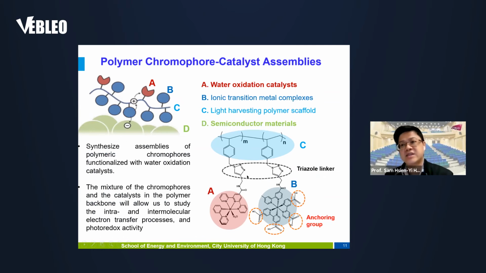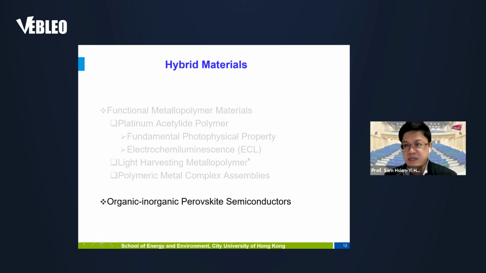So this project is ongoing, and I hope next time I can show you more promising materials and the possibility for water splitting or carbon dioxide reduction to carbon monoxide.